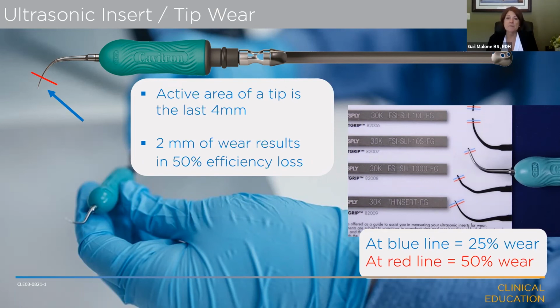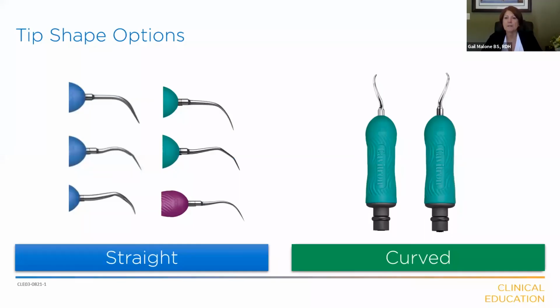This is very difficult, if not impossible, to assess just visually, and therefore measuring is the recommended method of tip maintenance. We recommend that users evaluate and measure the wear of the insert prior to use. It's a very good habit to get into, especially for students, to develop this as part of their training and education. And we'll spend some time on this as part of our hands-on training when we're at the university.